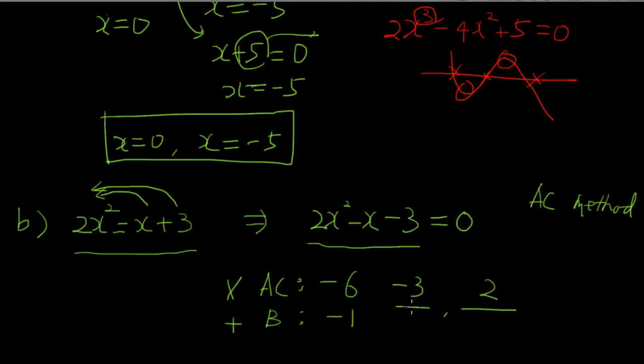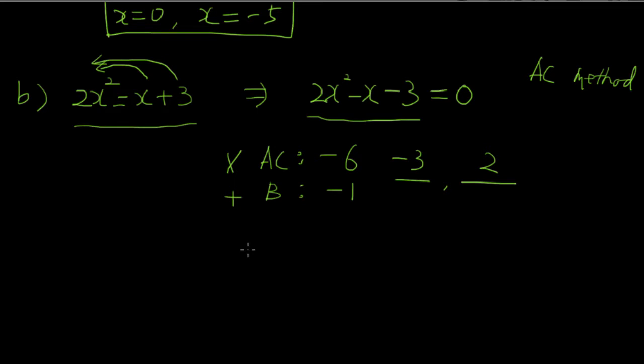Remember that I told you that when we have a negative and positive combination, it's a good idea to write the negative first, right? Okay, so the given equation we can now rewrite as 2x squared. Using these two numbers, we are going to split this, right?